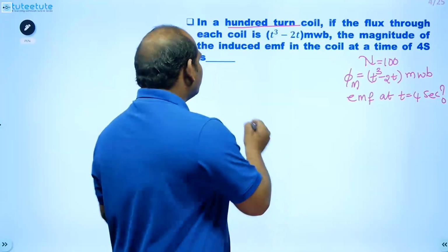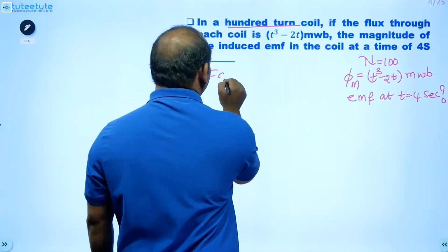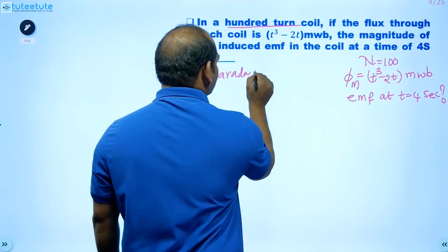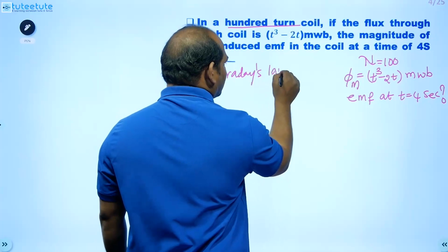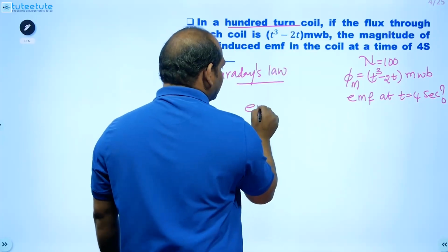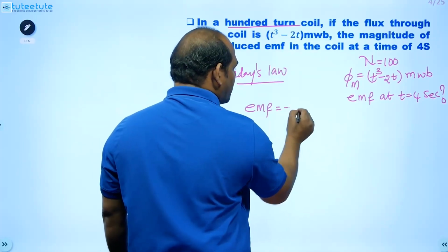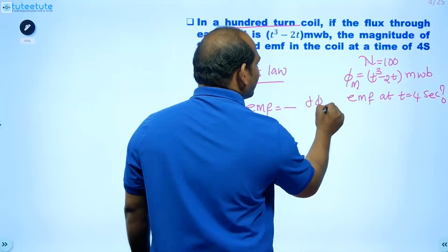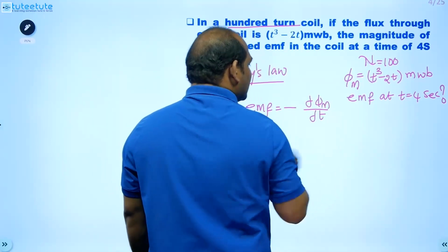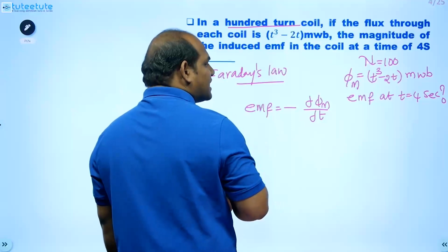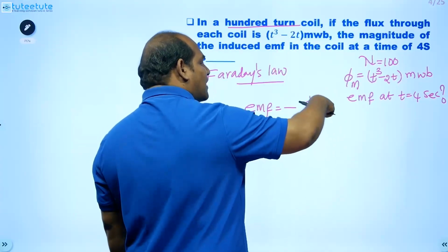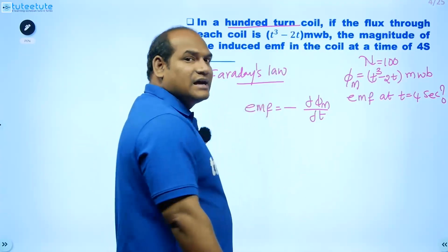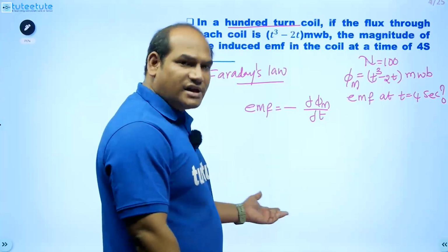So from Faraday's law, we can write induced EMF is equal to minus dou phi m by dou t. That clearly gives the information that the rate of change of magnetic flux produces the EMF.